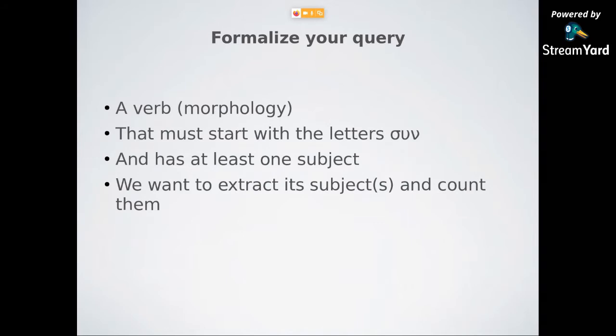So this is important also, because you're not just interested in looking for something, you must also know what you want to do with the results, right? Count them in this case. Group them lexically and count them. So to say that, for example, aner, man, is there 15 times. I just gave a completely random number.